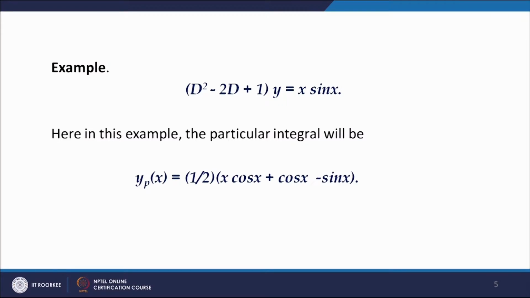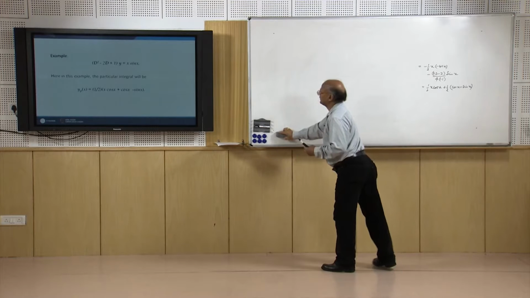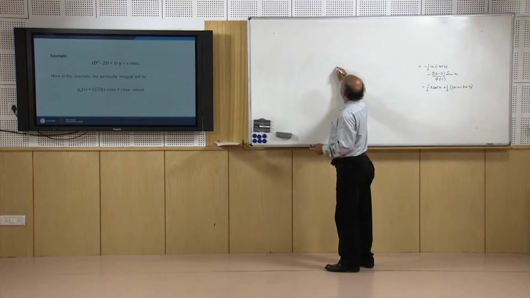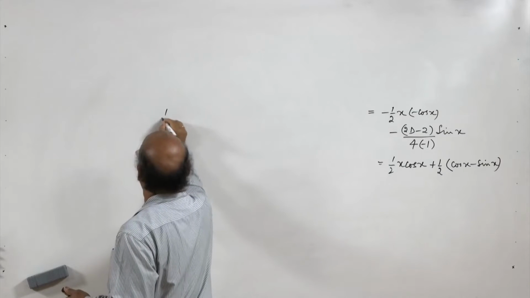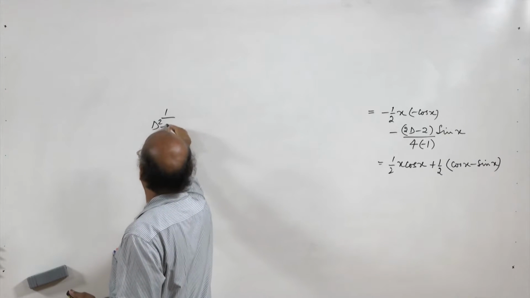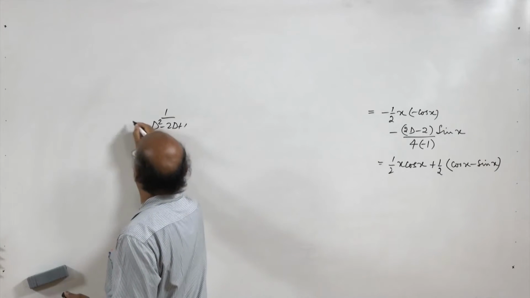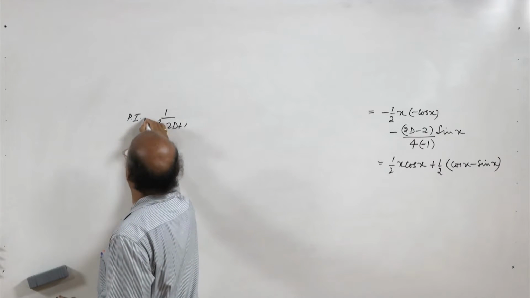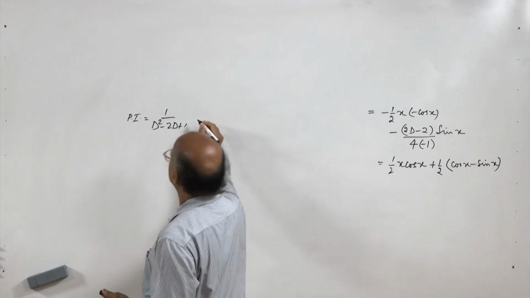So let us see the alternate method here. Let us find the particular integral by an alternate method.